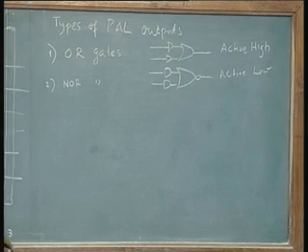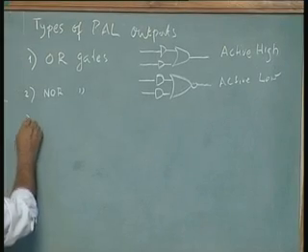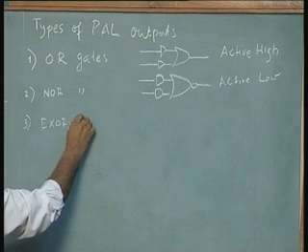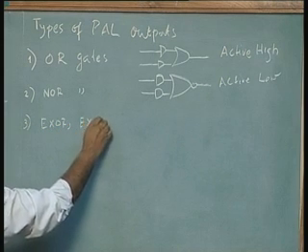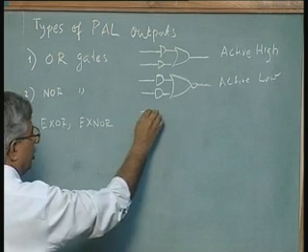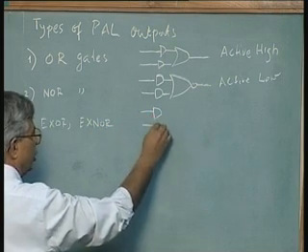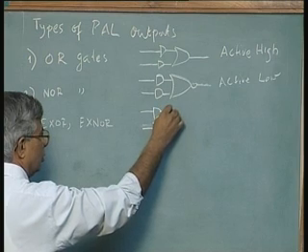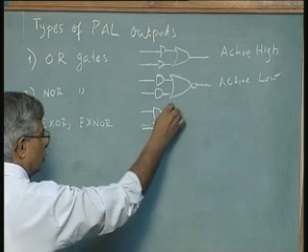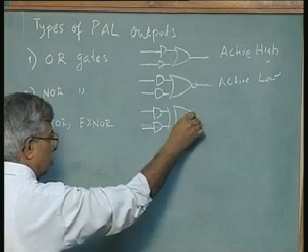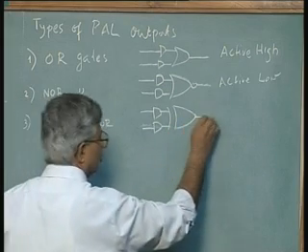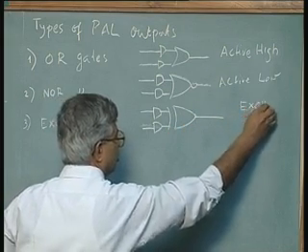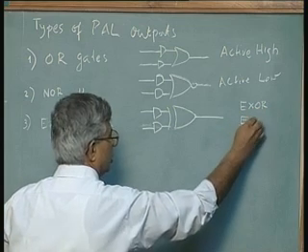I can also have an exclusive OR type of output or exclusive NOR, by making these inputs feed into an exclusive OR gate. XOR out, XNOR out.